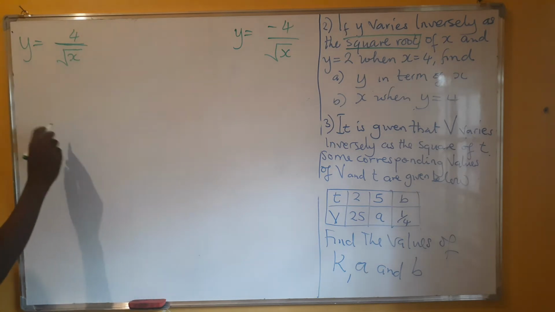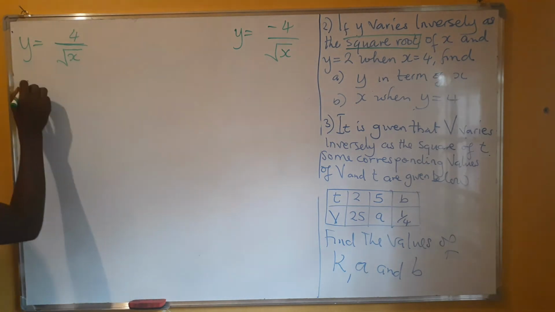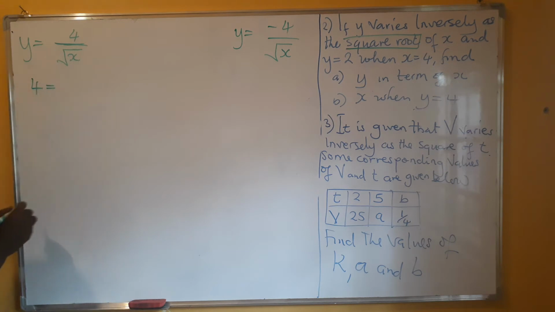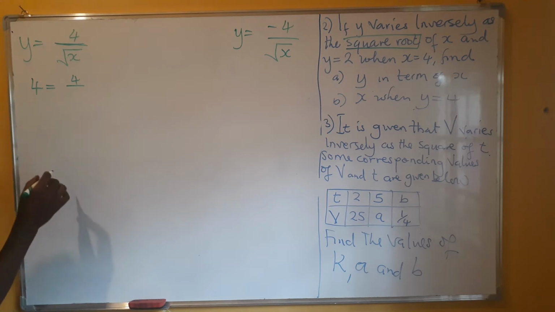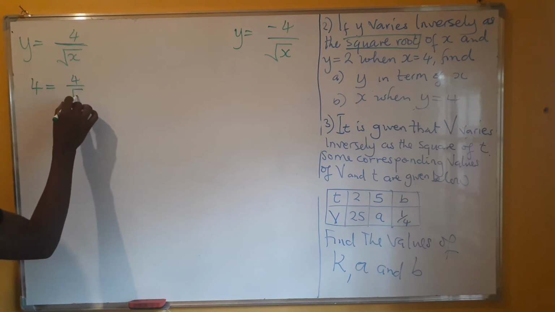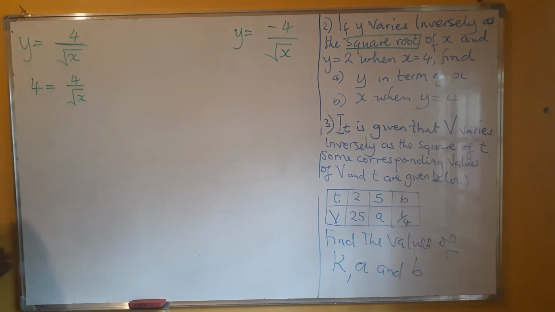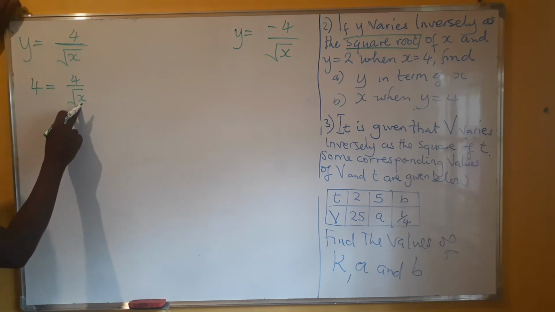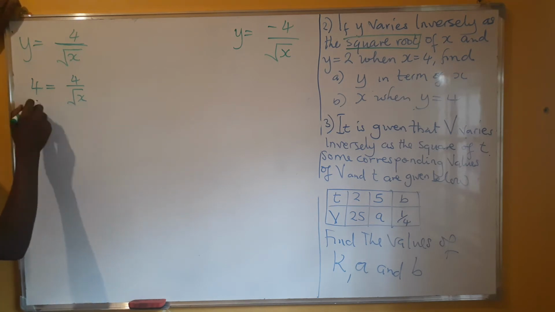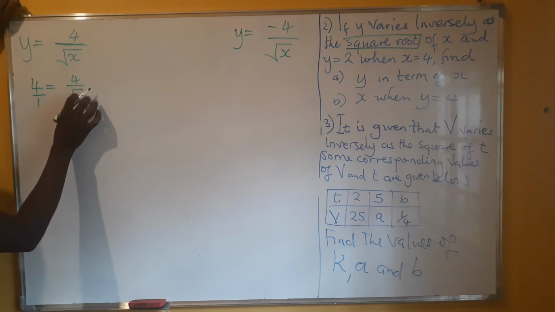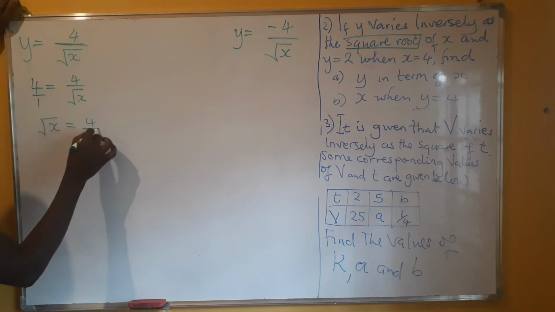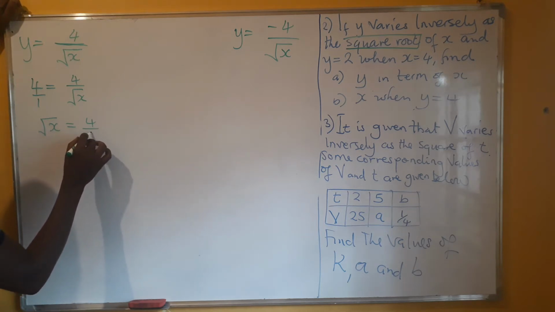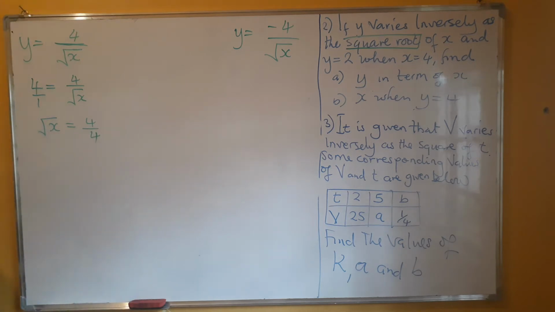We have y equal to 4, then we have 4 over the square root of x. If I want to make this part the subject of the formula, we have the square root of x on this side, then 4 over 4 here.